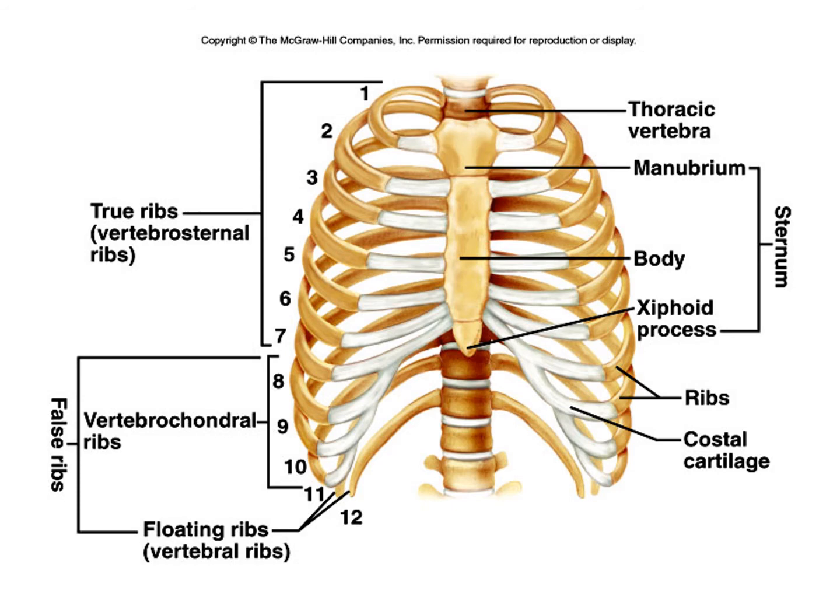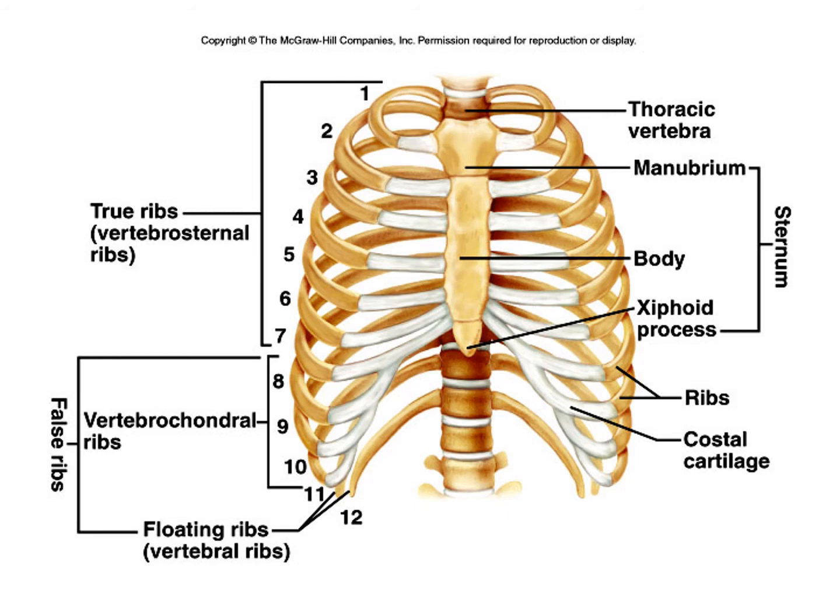So it goes from the vertebra to cartilage, vertebra to cartilage. Right? So vertebral sternal ribs go from the vertebra and directly attach to the sternum. Vertebral chondral ribs go from the vertebra and then indirectly attach to the sternum by way of cartilage.